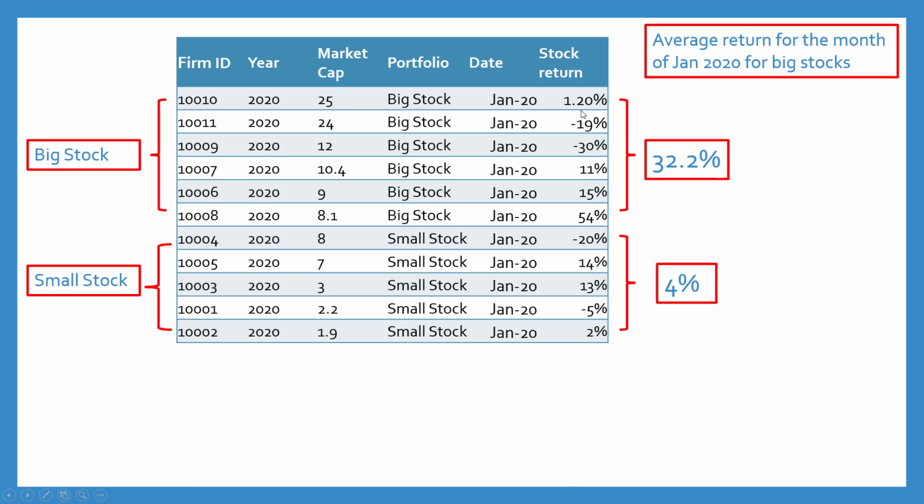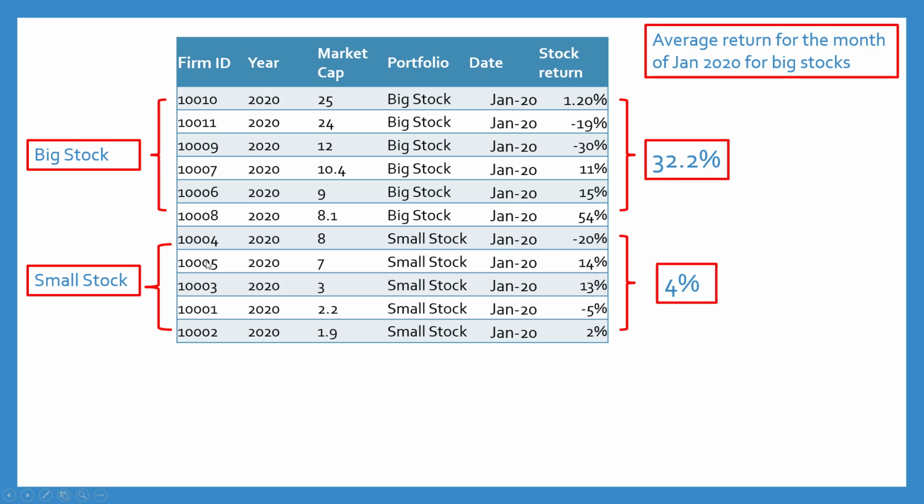So for each month, we take the cross-sectional data. We have all the firms that are within the big stock portfolio. For each month, we take the average of these returns. That turns out to be 32.2 for the month of January for the big stocks.